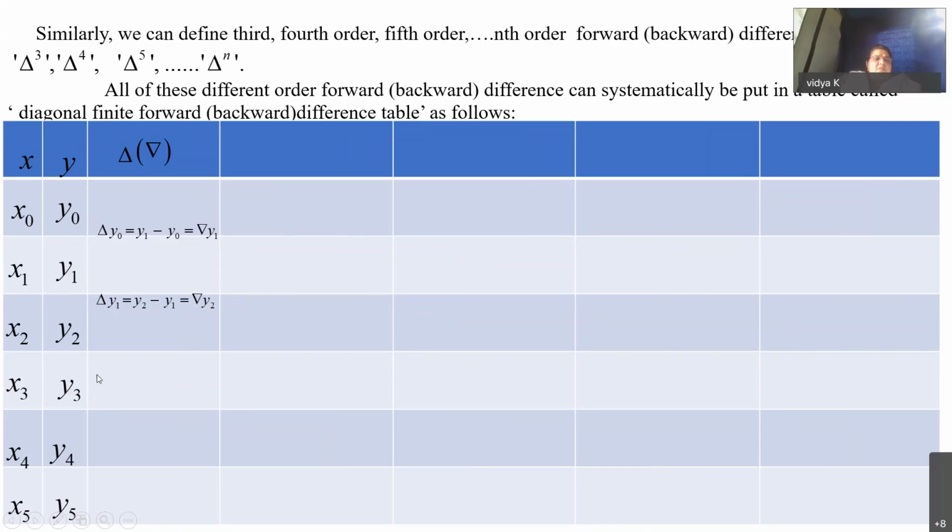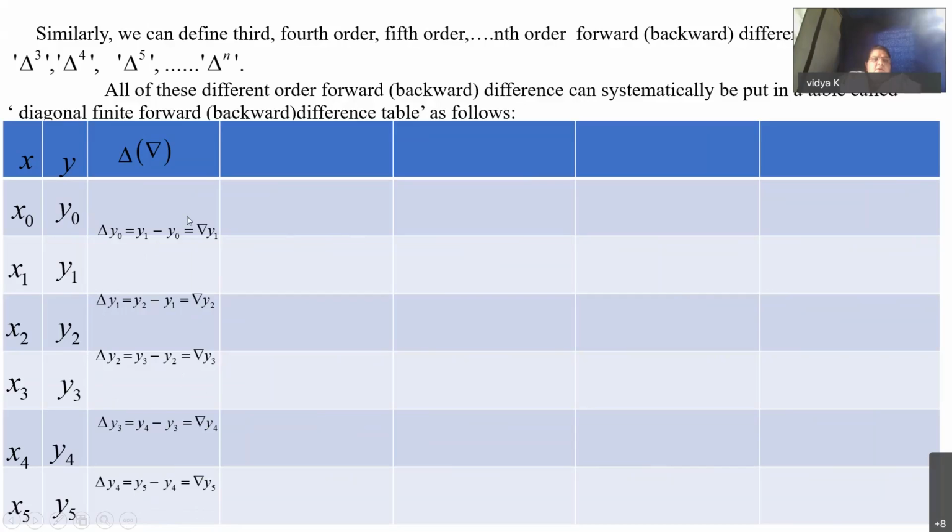Next, in between these two comes delta y2 as well as nabla y3. So delta y2 is go forward, y3 minus y2. The same as nabla y3. Why? Because nabla y3 indicates to start with the value and take the difference with the previous value. So this is how. So similarly, this as well as this.